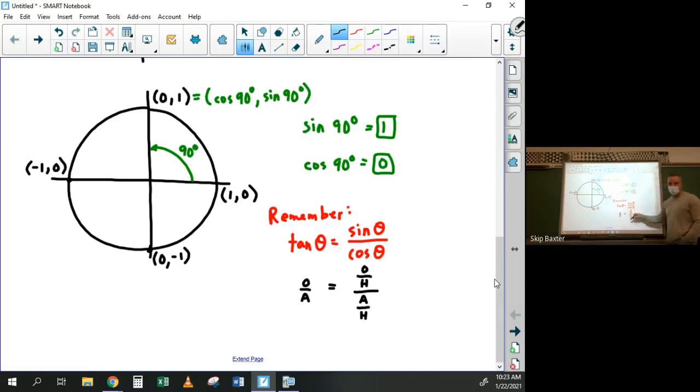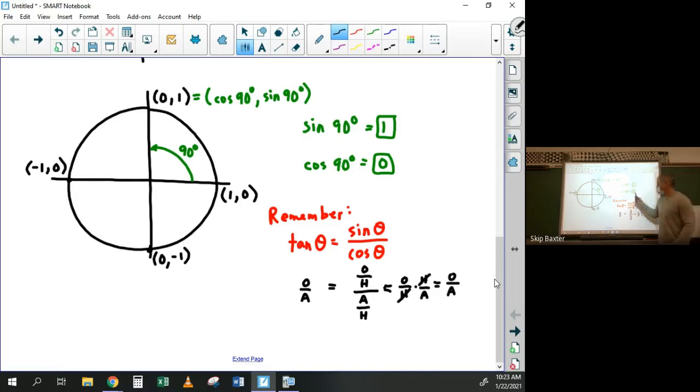If you simplify the right-hand side here, you really just take the top fraction times the reciprocal of the bottom fraction. This is opposite over hypotenuse times hypotenuse over adjacent. And you can see exactly the h's cancel and you get O over A, opposite over adjacent. So that's why the tangent of any angle equals the sine over the cosine of that same angle.